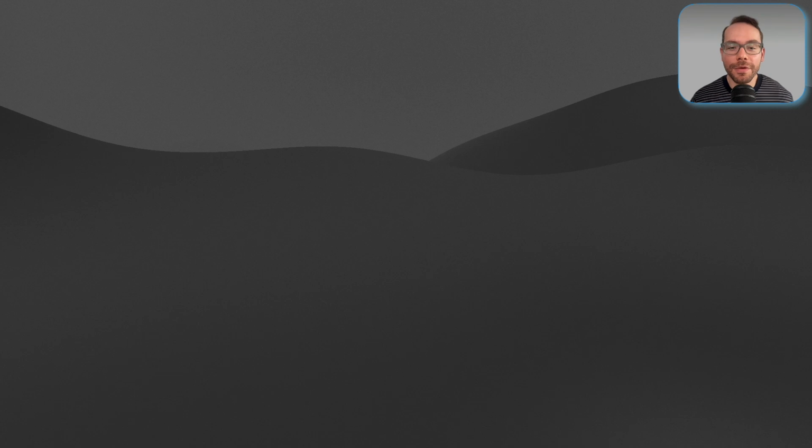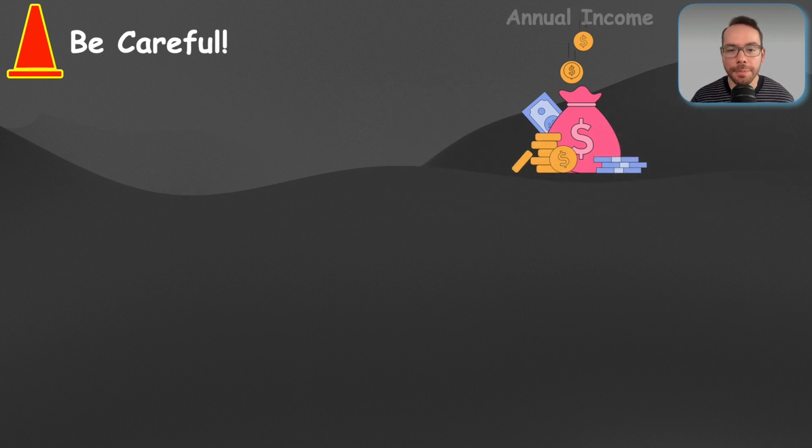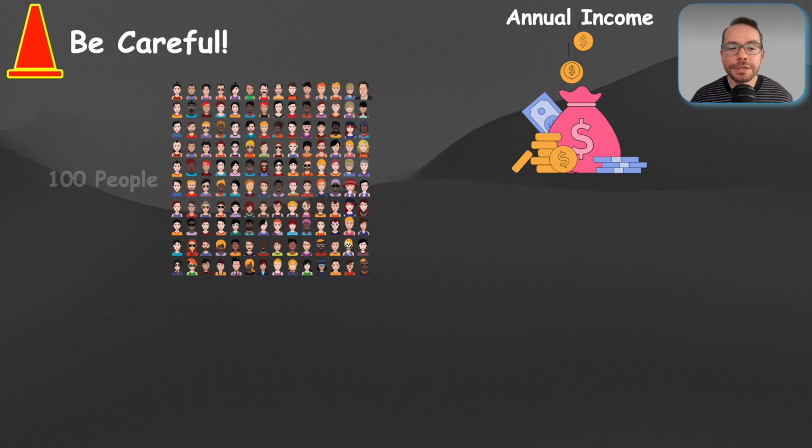But you gotta be very careful though. Counting sort isn't always faster. There are some cases where the range of values can be much larger than the number of elements in the array. One example would be the annual income of a sample population. Let's say we have a very small sample population of 100 people, but you gotta consider that anyone can be in your sample.